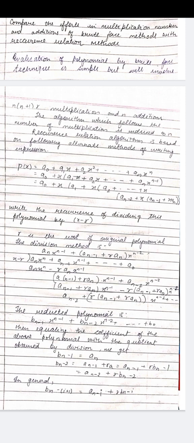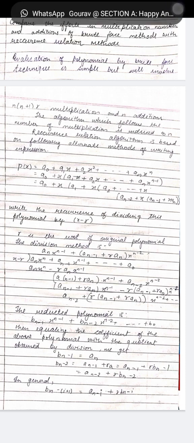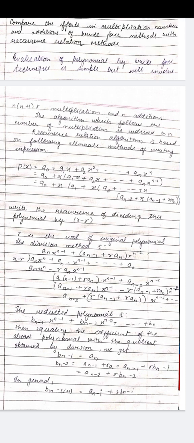Dividing the polynomial an x to the power n plus an minus 1 x to the power n minus 1 plus ... plus a0 by x minus r will give us the quotient an x to the power n minus 1 plus (an minus 1 plus r into an) x to the power n minus 2, and the remainder as an minus 2 plus r into (an minus 1 plus r into an) into x to the power n minus 2.